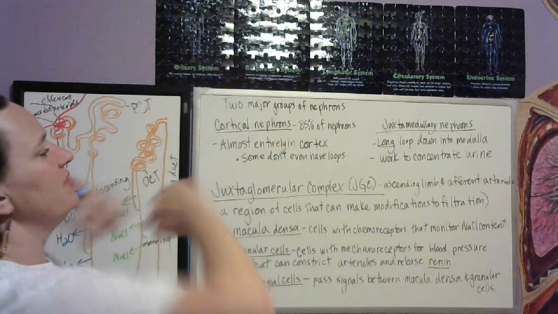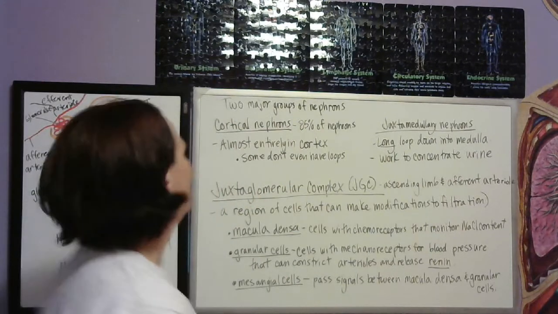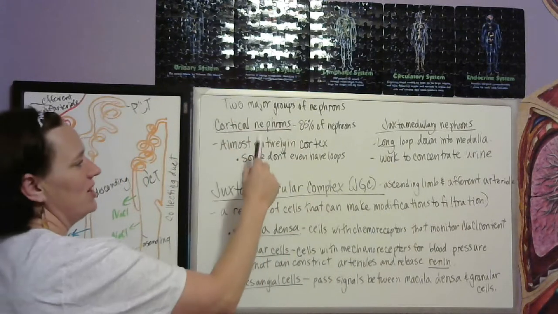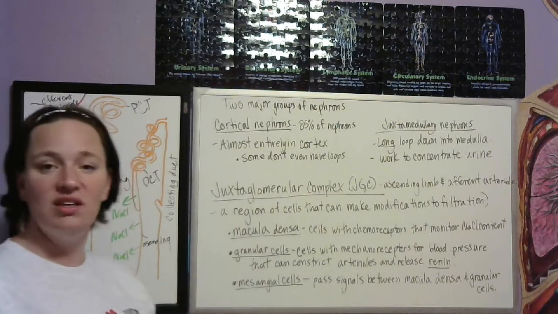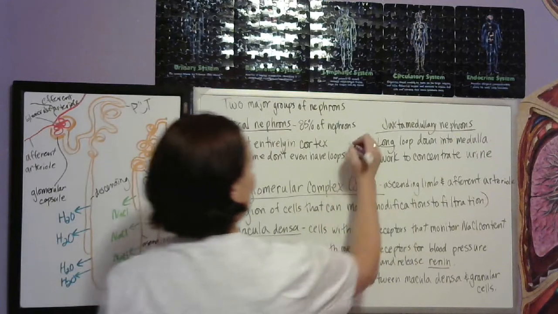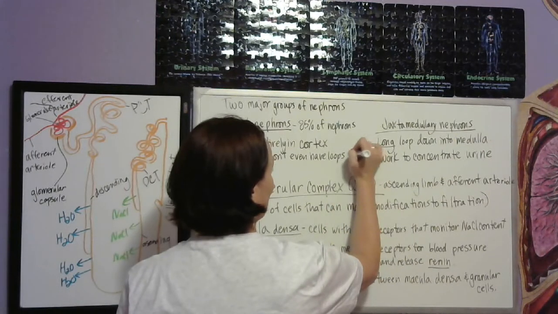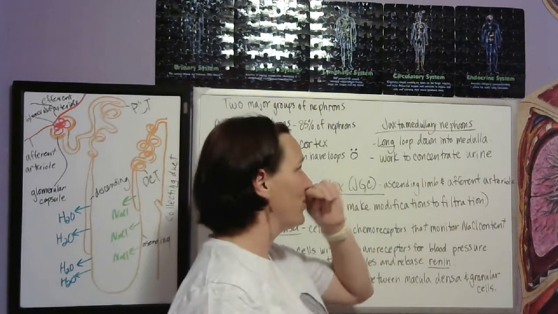So we talked about the different types of nephrons, but it's always good to throw in some terminology. So we have the cortical nephrons, which are about 85%. These are the ones that are entirely in the cortex. Some don't even have loops. I know, it's shocking to think about. Then we have juxtamedullary nephrons.